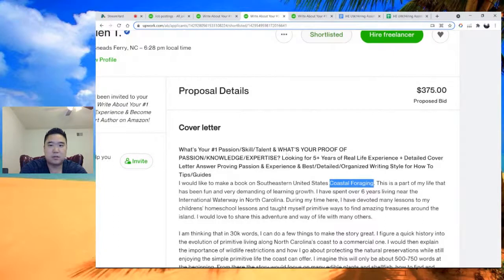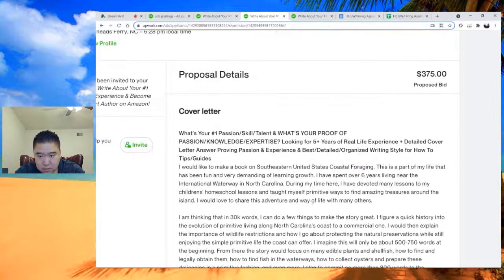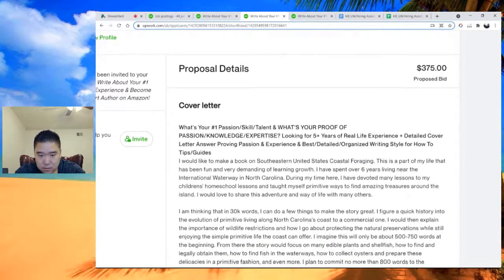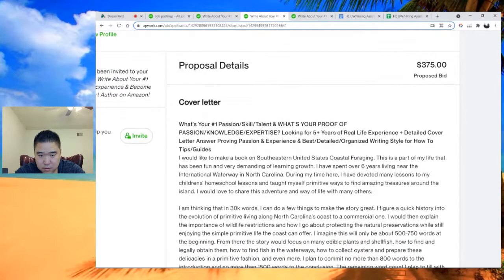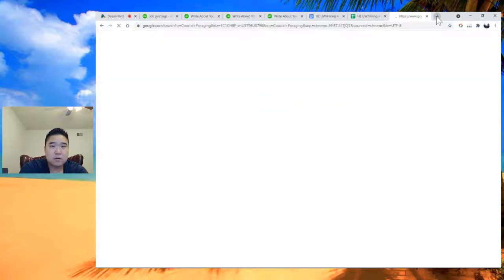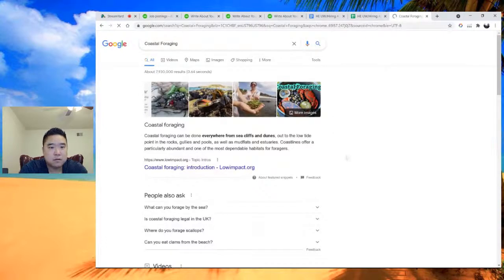Coastal foraging. Coastal foraging can be done everywhere from sea cliffs.